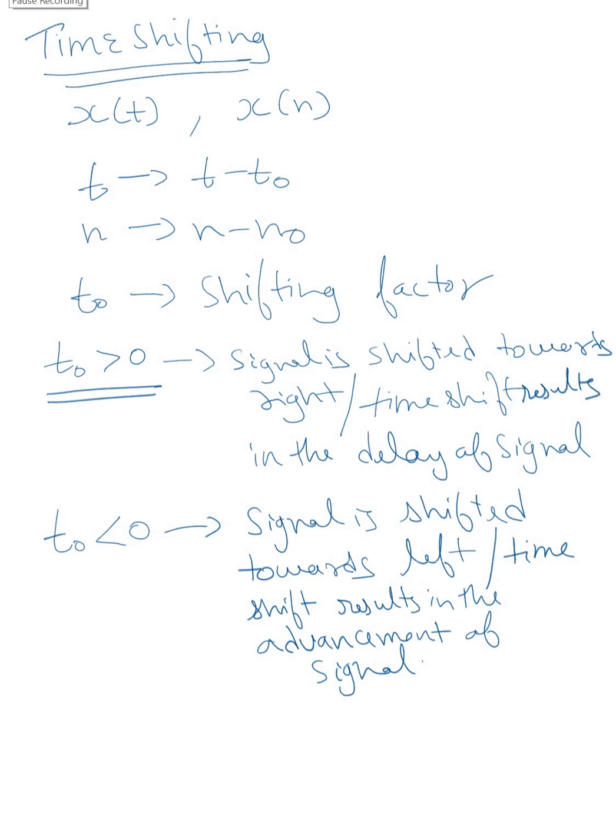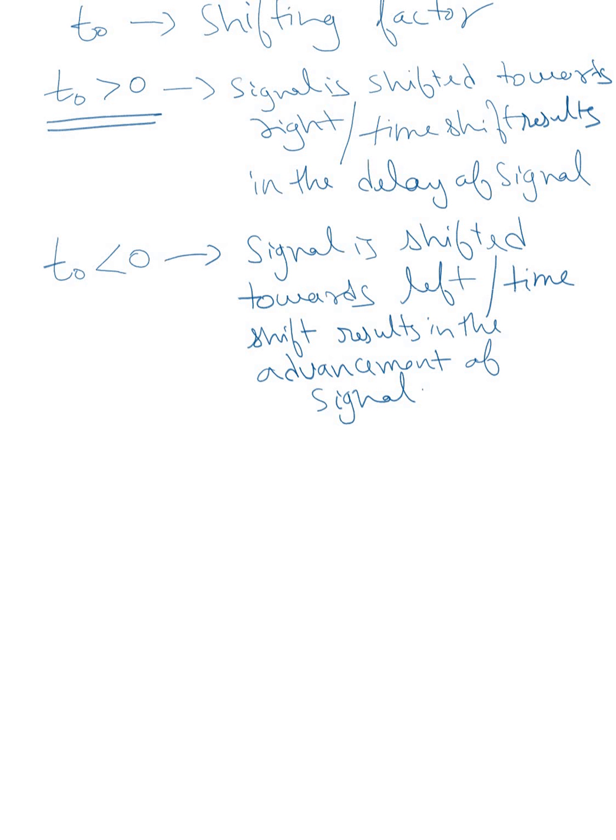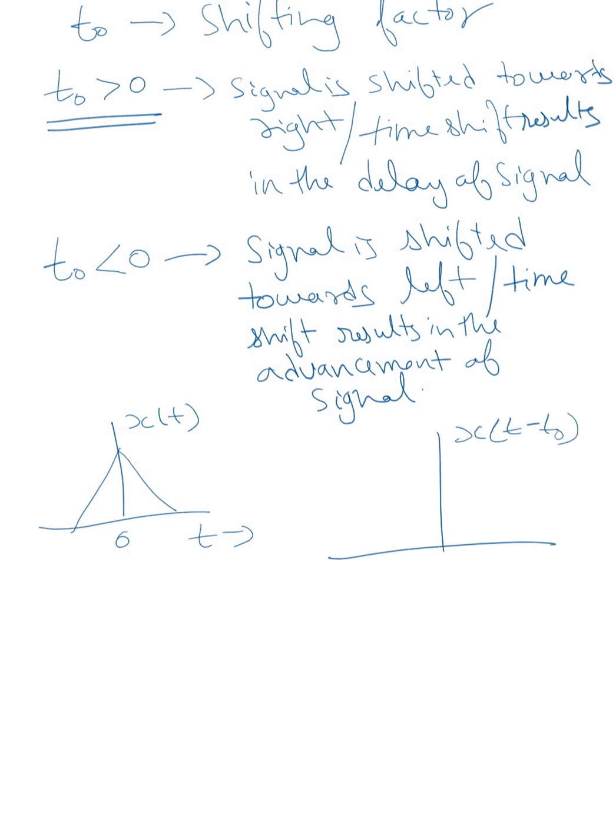Let us look at this time shifting phenomena with the help of an example. Let us say we have a signal x of t, any arbitrary signal x of t. So x of t minus t naught will be something like this.